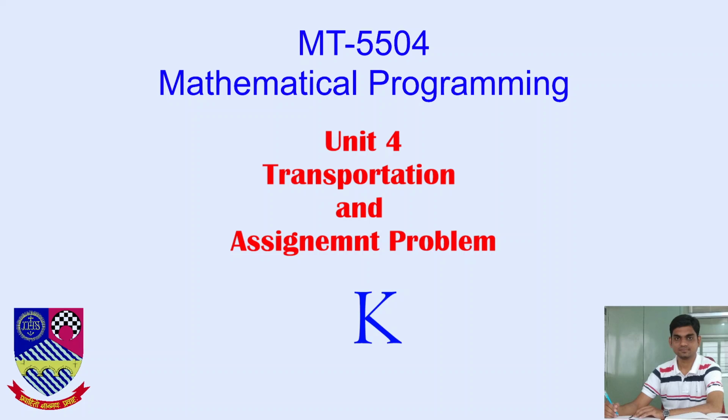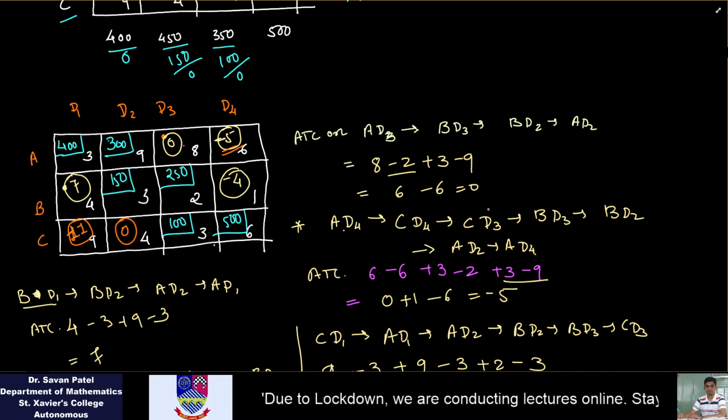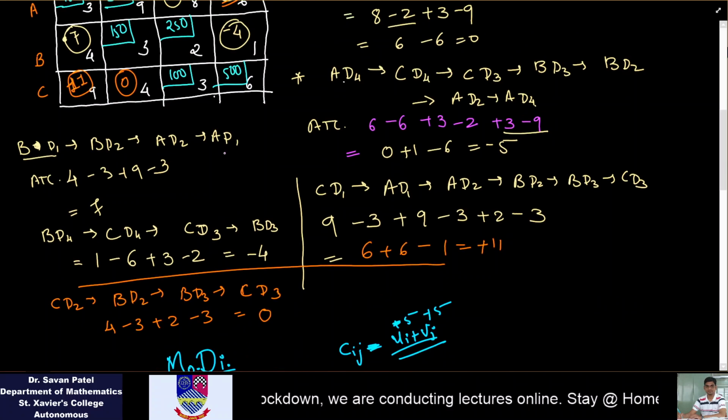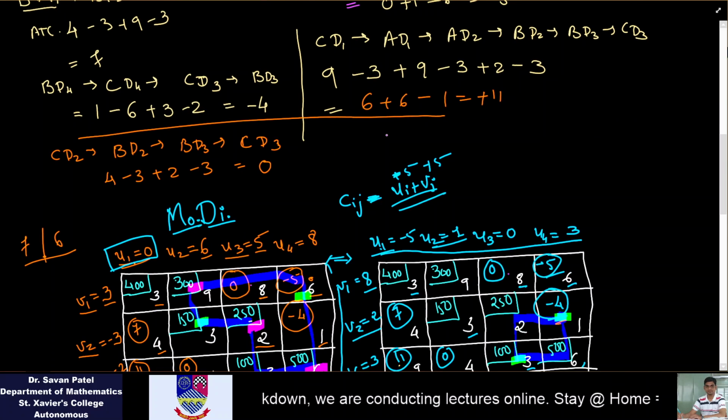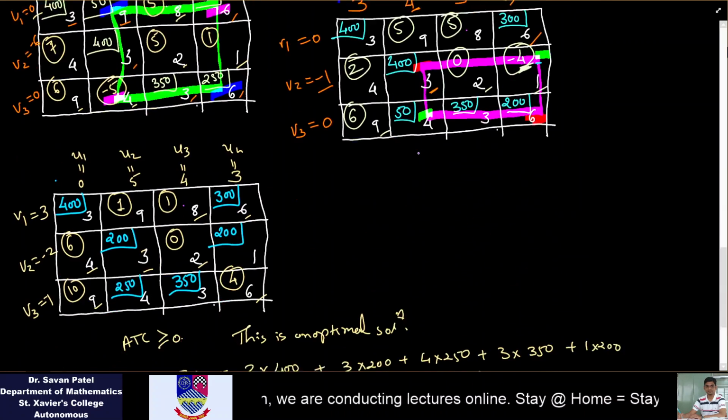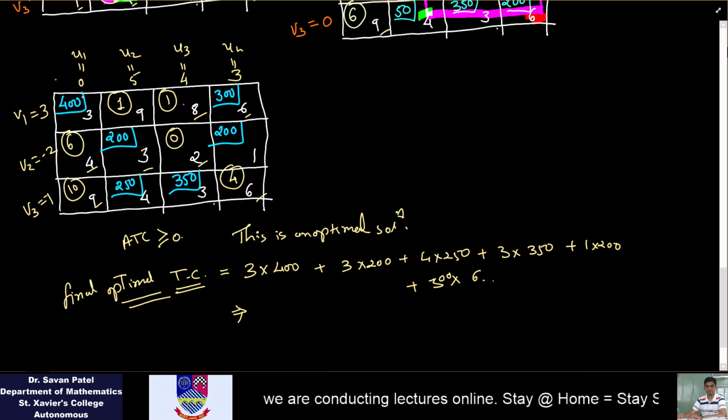Okay, so here I am showing you the previous problem. We have solved it. You observe that here we had previously first solved by the stepping stone method, then introduced the MODI method, and then we reached the final solution, this one.